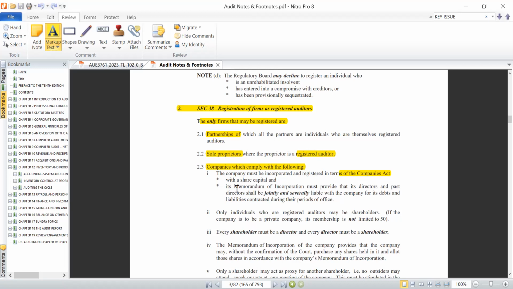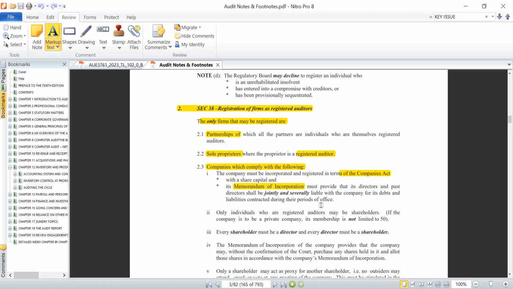That implies they would have to have an MOI in place, which is a memorandum of incorporation, setting out who is responsible for what, who the owners of that organization are, who the directors are, and the prescribed officers of the organization, and for what period those prescribed officers would be inducted to perform certain responsibilities in the company.